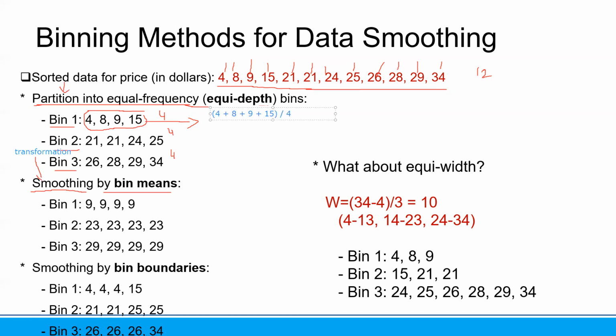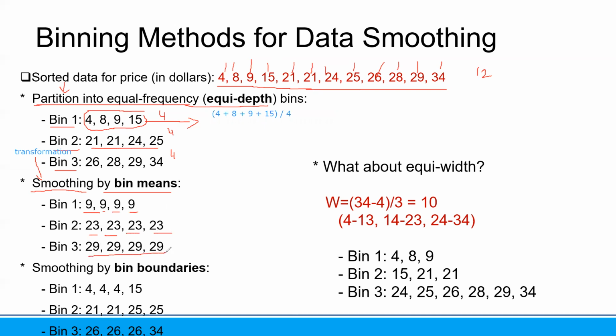We can just get the nearest integer. I do not want to make it complicated, so we can just use 9 as the mean. So every number will be transformed to 9, 9, 9, 9. What about this? You can calculate the mean, and 23, 23, 23, 23. We call this the smoothing.